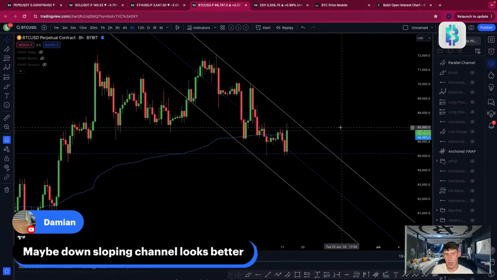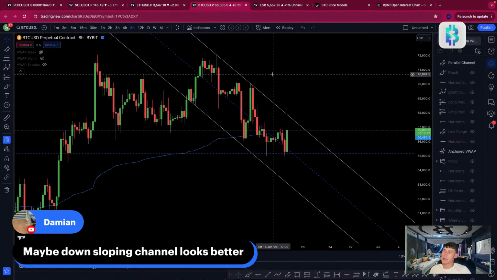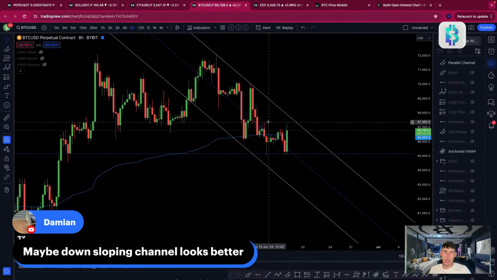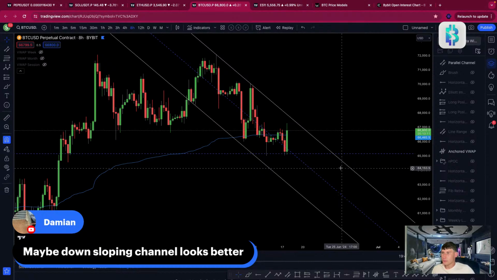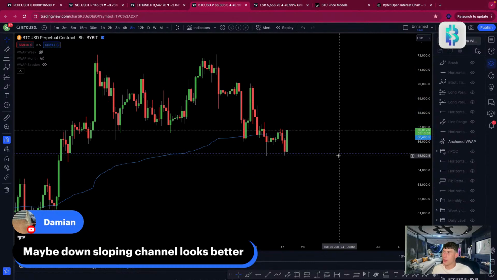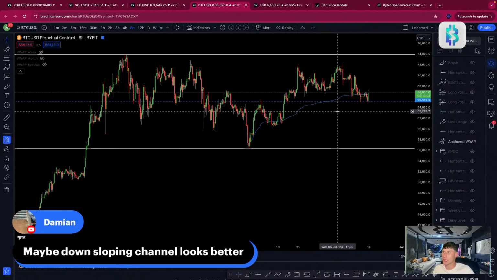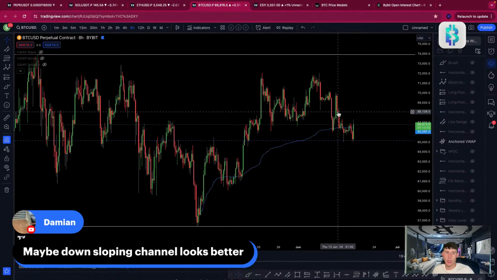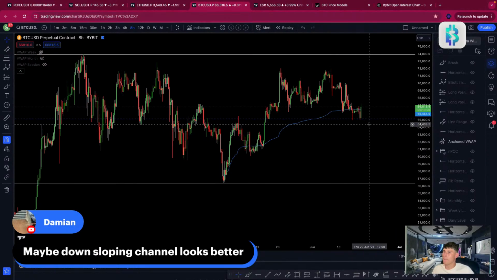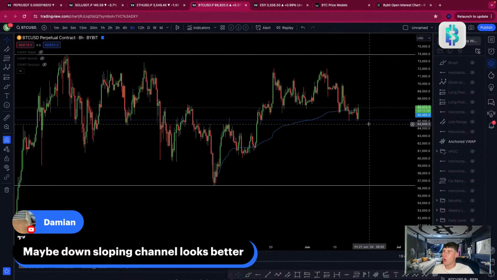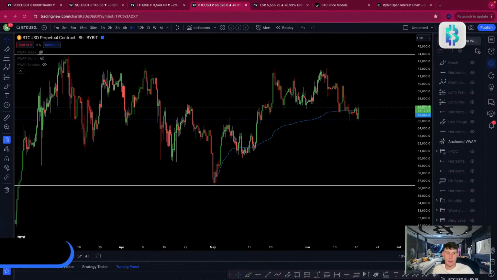Again, it's the same story though, right? It is the same story, where I just don't have a clear liquidity level. I don't have a clear level there that I would like to short. So yeah, not too interested in that.